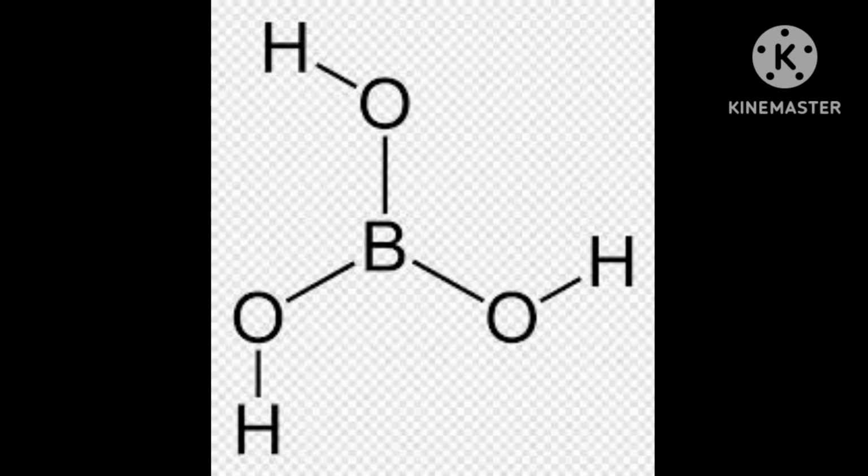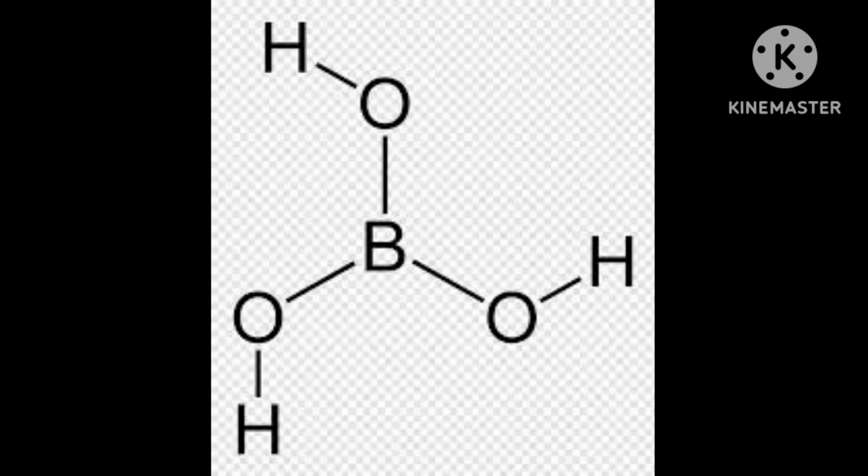It has a layer structure. If the question is asked, what type of structure does H3BO3 have? It has a layer structure in which planar BO3 units are joined by hydrogen bonding.